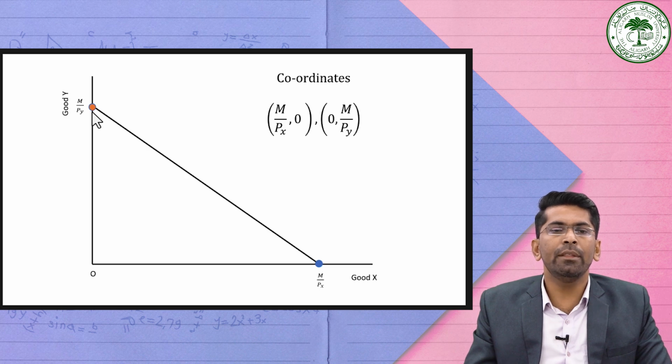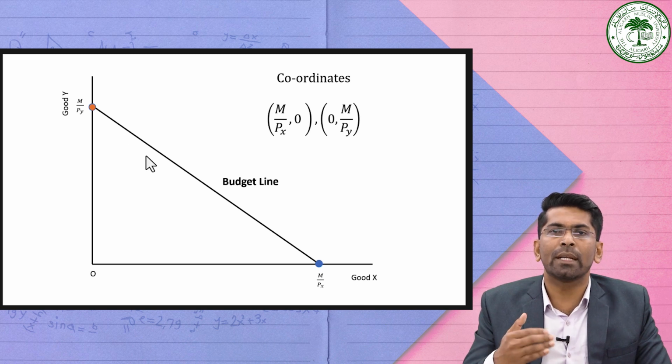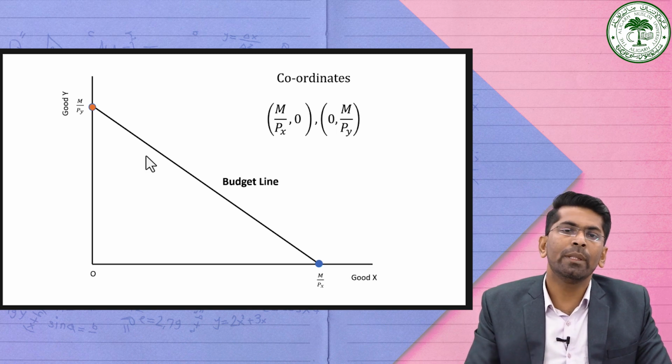Now by joining these two points, we will get a straight line, and this is nothing but what we call a budget line. This budget line shows the maximum amount of commodity X and commodity Y that a consumer is able to purchase by using his given income and the given prices of commodities.